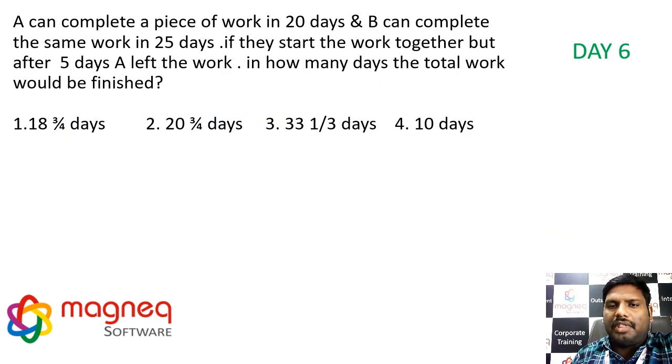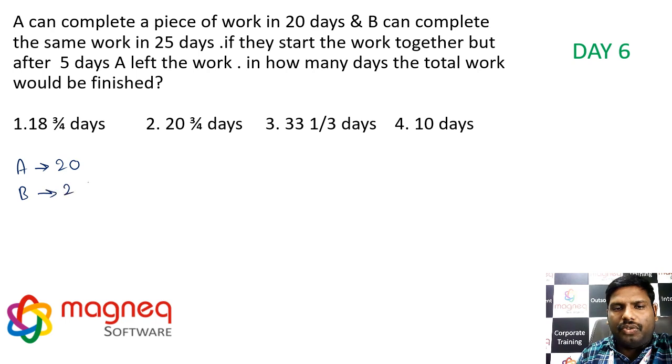A can complete a piece of work in 20 days, B can complete the same work in 25 days. If they start the work together, but after 5 days A left the work, in how many days would the total work be finished? The LCM of 20 and 25 is 100.